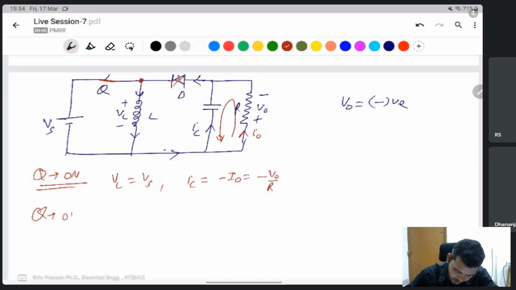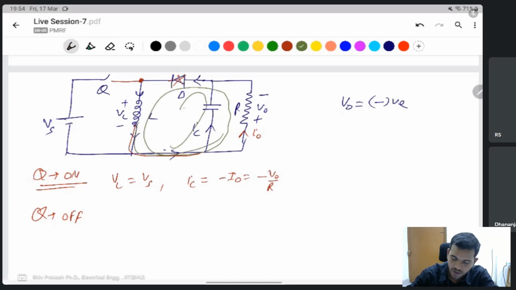When Q is in the off condition, this is open, then the remaining energy of the inductor is released from here to here like that, charging the capacitor and delivering power to the output also.